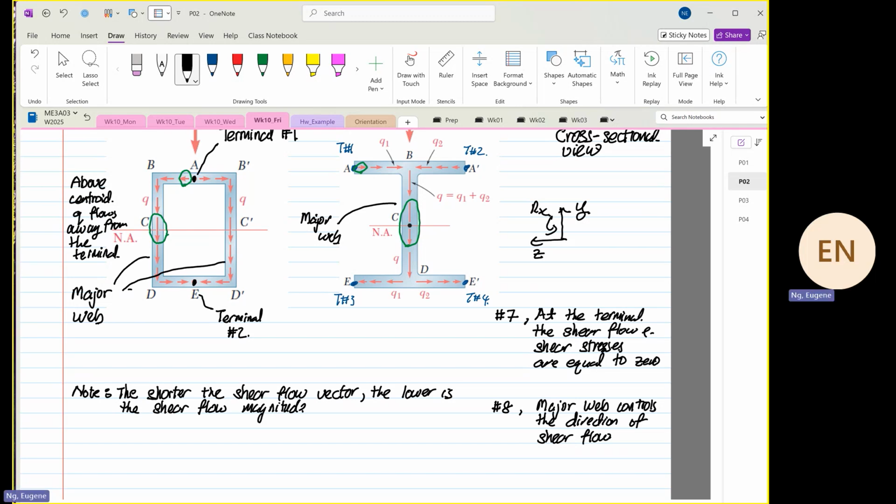Yes or no? And then when it's below, Q flows towards the what? Terminal. Right?